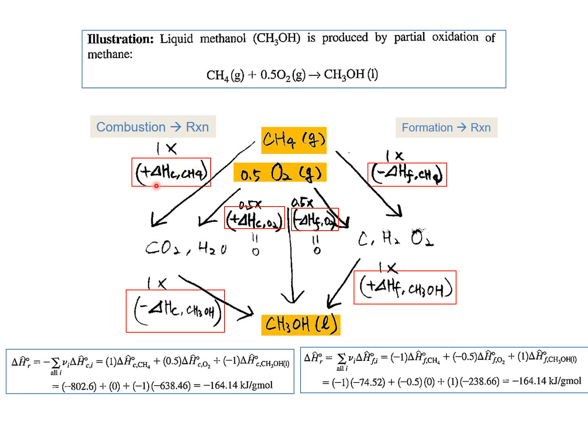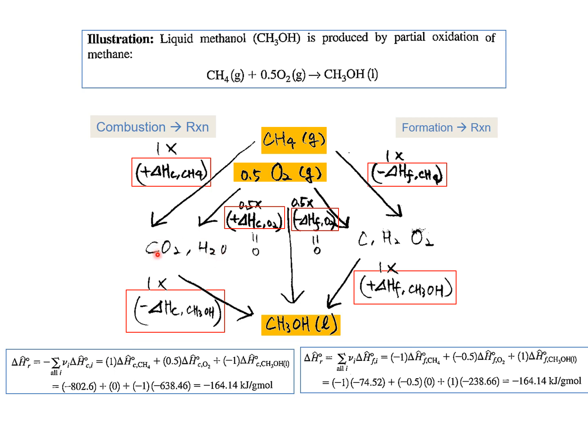So this energy is involved in this combustion. Let's go to the O2, which is the other reactant, 0.5 O2. So stoichiometric coefficient 0.5 times the combustion energy of O2. However, the combustion energy of O2 gas is 0 because O2 is oxidized into just O2, the same thing. Product and reactant are the same, so delta H is 0. So you don't need to think about this one.